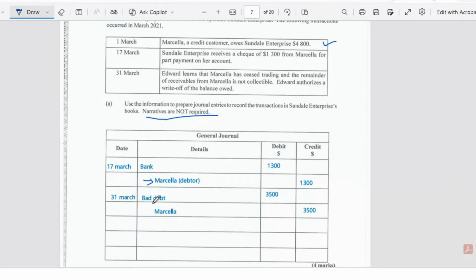So we debit bad debt on the 31st of March and we credit Marcella to reduce her account, showing that she no longer owes this amount, or specifically that we're writing off this amount. That's the answer for that part of the question.